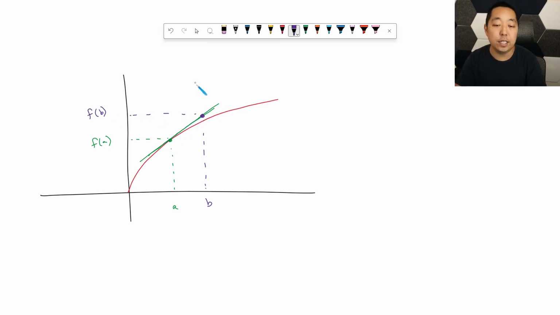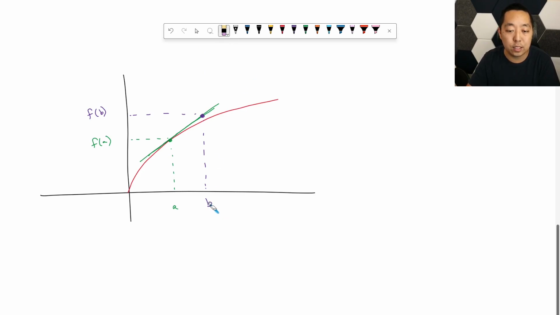And what we did is we did the equation of the tangent line here. Now another way to think about this is, instead of calling this B, we call it A plus dx. Okay, where dx represents the distance from here to here. So it's the spacing here. This spacing here is dx. And then we call this spacing here the difference in the y value, dy, like how much higher it is at the point.